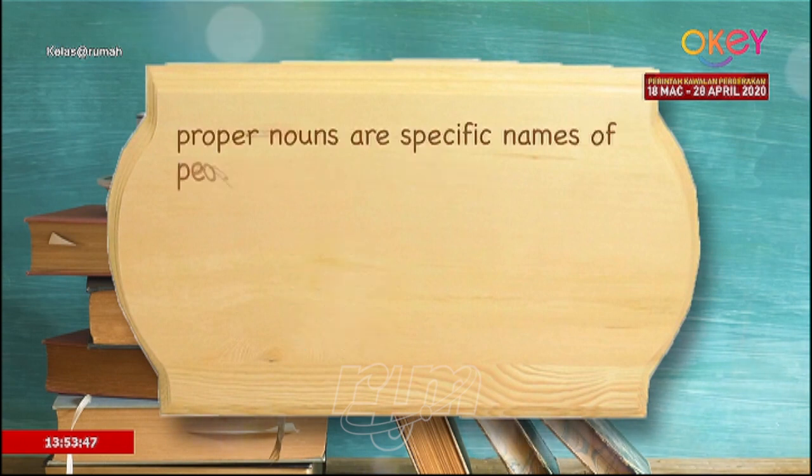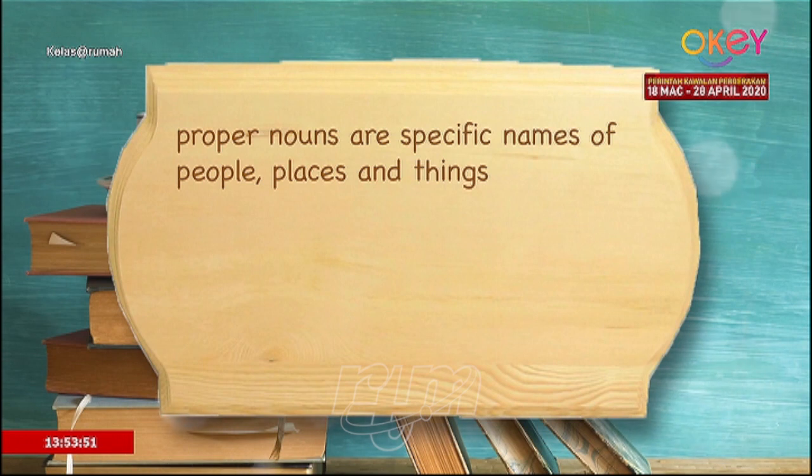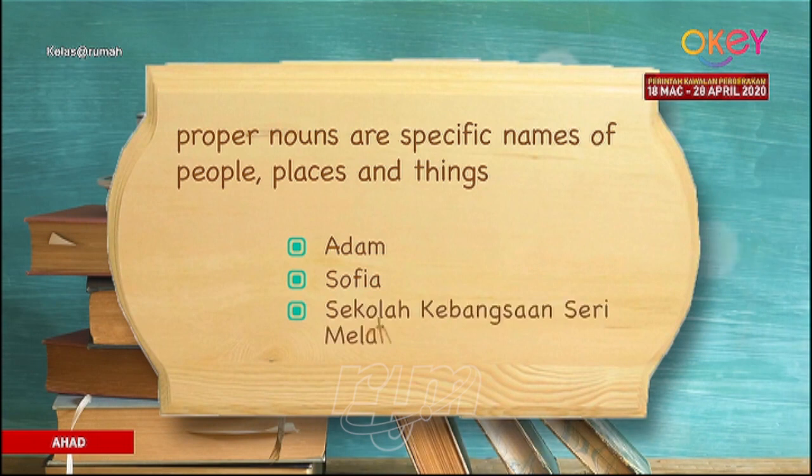Meanwhile, proper nouns are specific names of people, places, and things. A proper noun always begins with a capital letter in a sentence. For example, Adam, Sophia, Sekolah Kebangsaan Sri Melati, and Jalan Melua are all proper nouns.